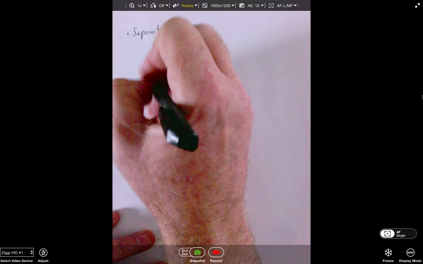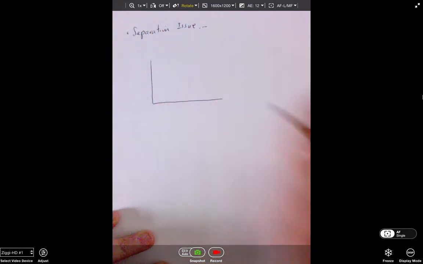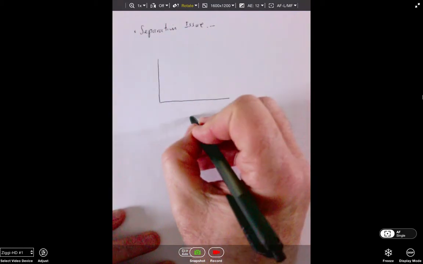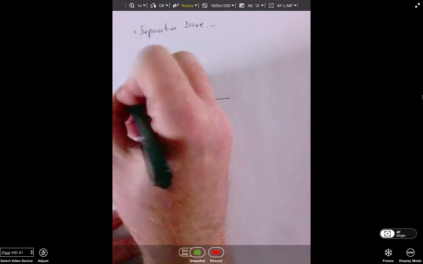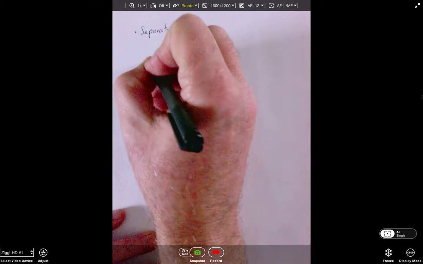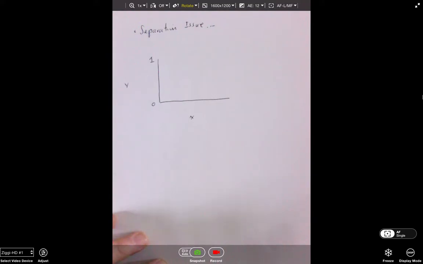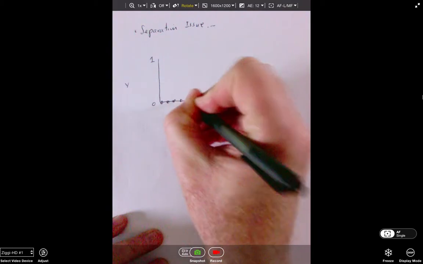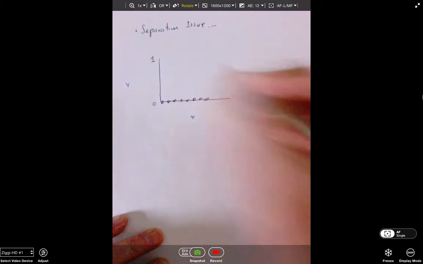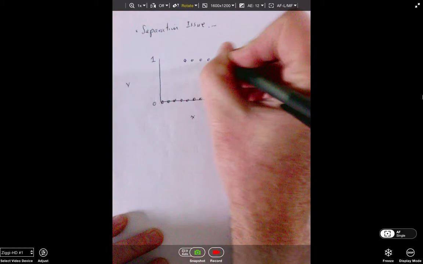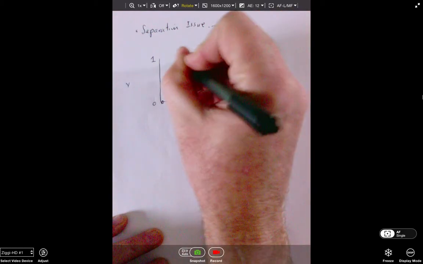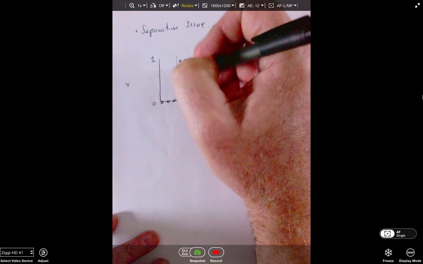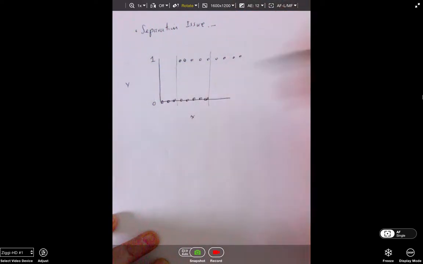Lack of separation would look something like this. Let's say we have a continuous predictor x, and our y takes on a value of either 0 or 1, that it either happened or it didn't. If we end up getting data that looks like this, notice the huge overlap. A little bit of overlap's okay, but notice the huge overlap there. That would be lack of separation.